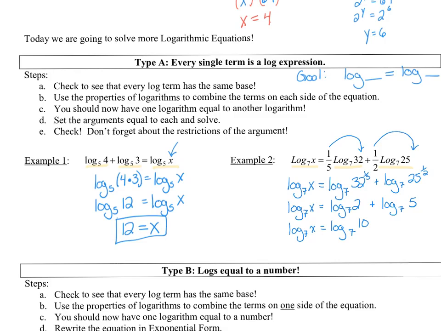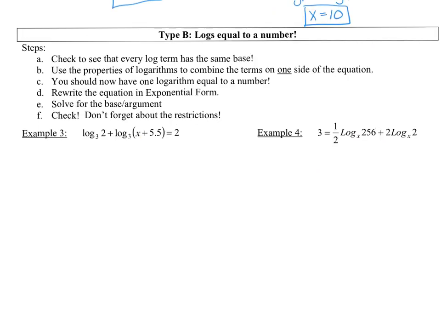So in order to solve for what x needs to be, since x is in the argument, you can ignore the logs and just set the arguments equal to one another. And your final step is make sure what you get for x does not make the arguments 0 or negative. So the only place that x shows up in this argument is here. If you plug in 10, 10 is positive, so 10 is a valid answer.